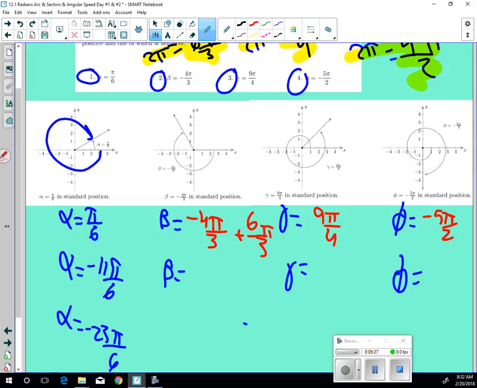So if I take negative 4 pi over 3 and add 6 pi over 3, what do we get? 2 pi over 3. You good with that? See what I did? Here's negative 4 pi over 3. And then we go the other way and say this is 2 pi over 3. Does it visually make sense? Yeah, because each pi over 3 is 60, so this is like 120. That looks like about 120 degrees. Okay, yeah.